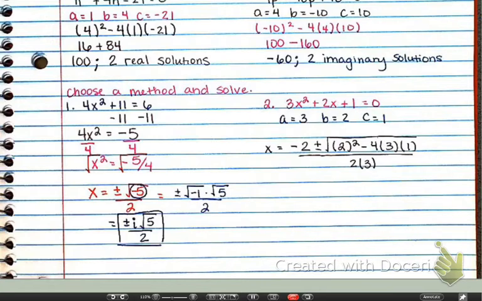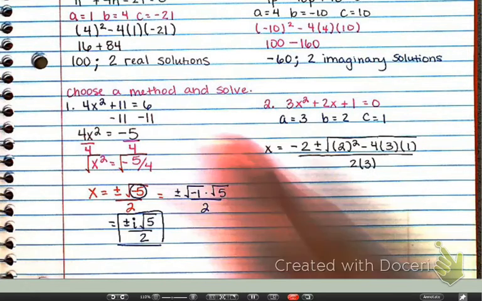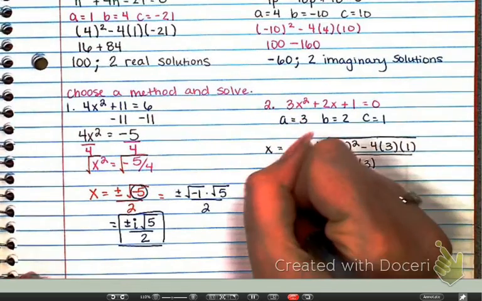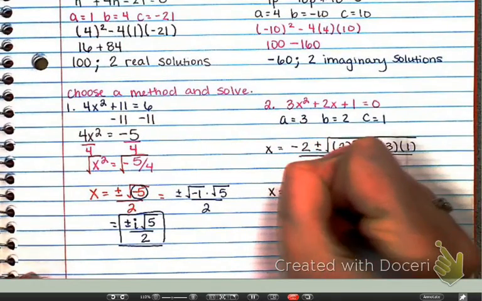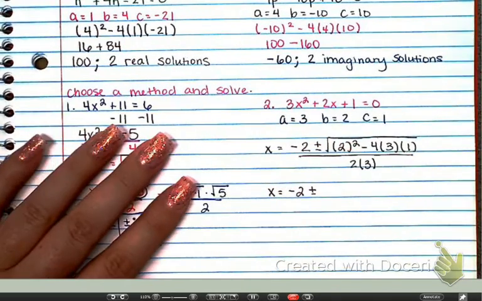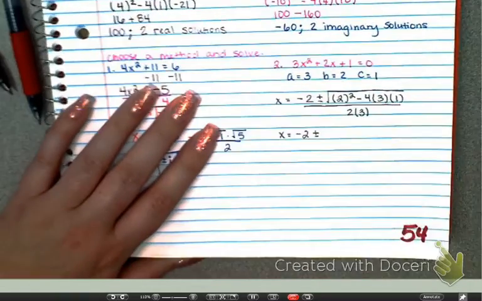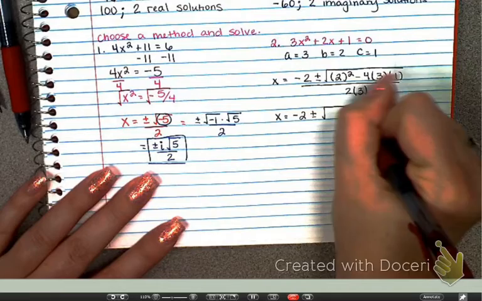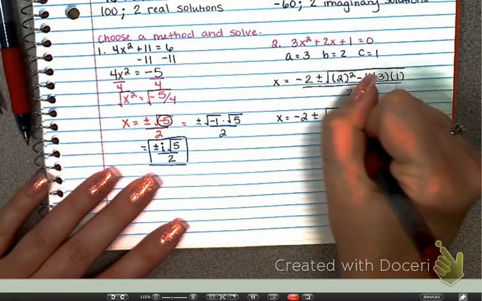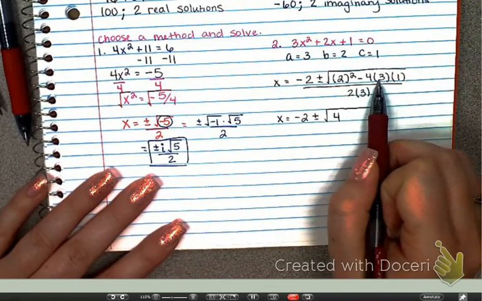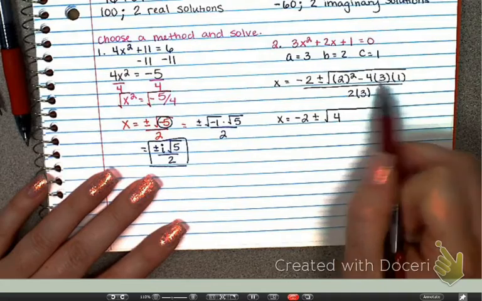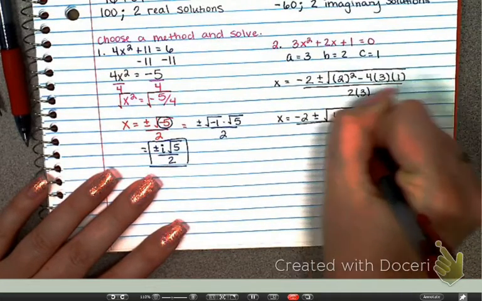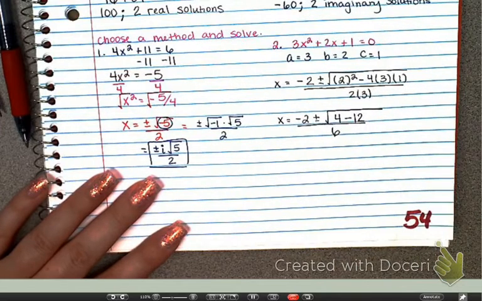Okay, nothing changes about it, but as we simplify, your answer, because of the notes today, should be a negative underneath. So x equals negative 2 plus or minus the square root, 2 squared is 4, and then I have negative 4 times 3 is negative 12, negative 12 times 1 is negative 12, all over 6.